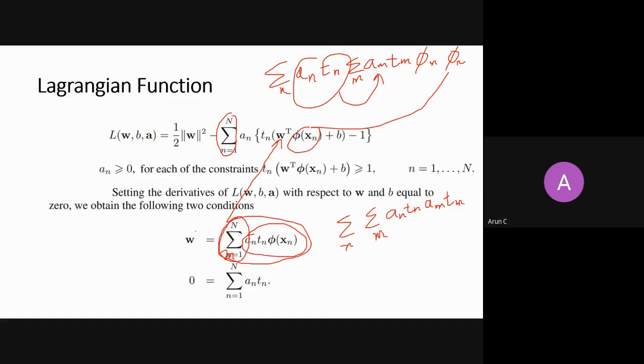Okay, there is a catch here. When I was plugging this W here, this W was in transpose, right? So when I do the transpose, AM is scalar, TM is scalar, but this phi should be in transpose.